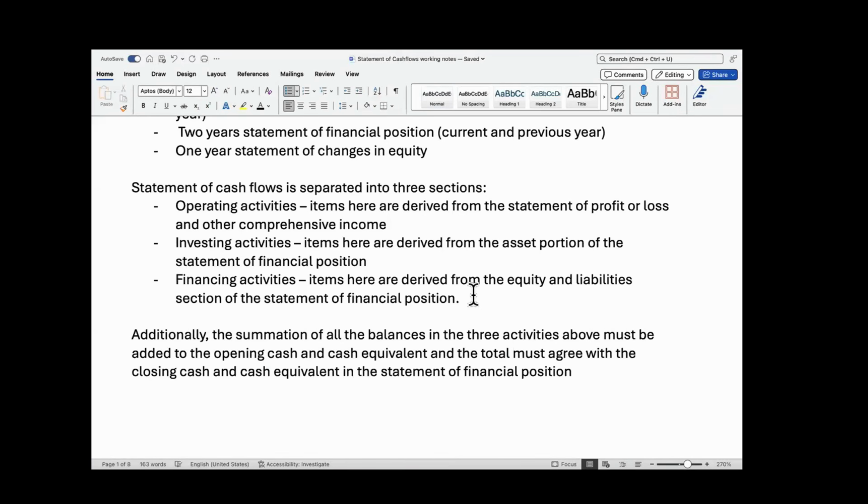The summation of all those balances will be added to the opening cash and cash equivalent, and the total of that two must agree with the closing cash and cash equivalent in the statement of financial position. If they don't agree, then something is wrong with our computations and our presentation.